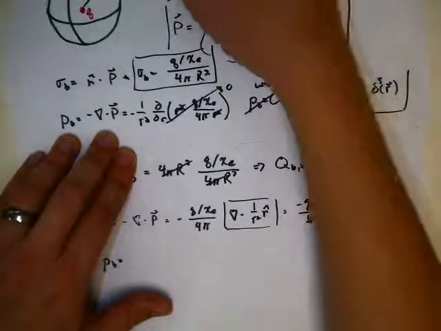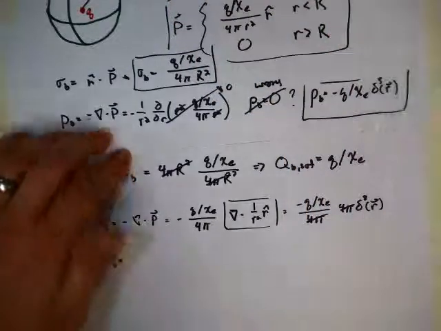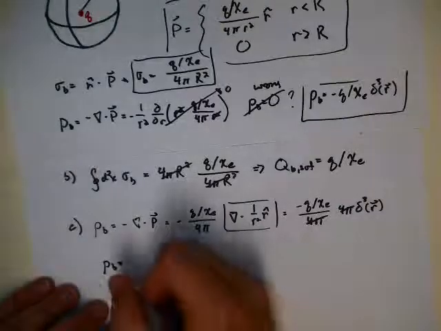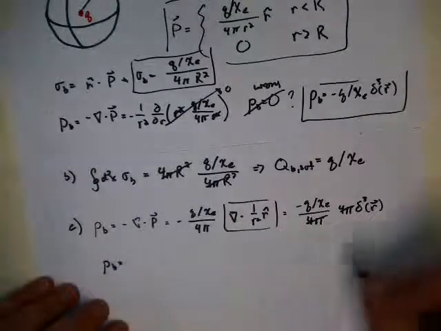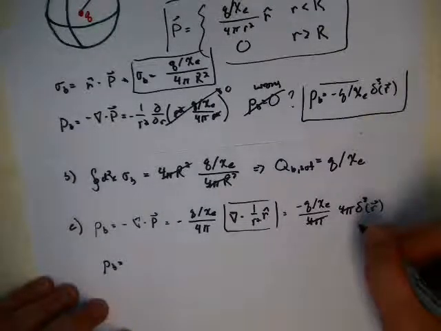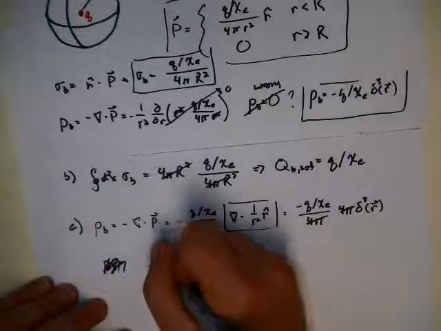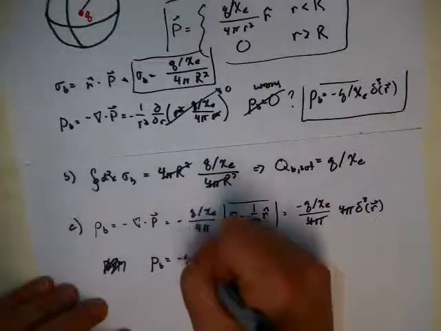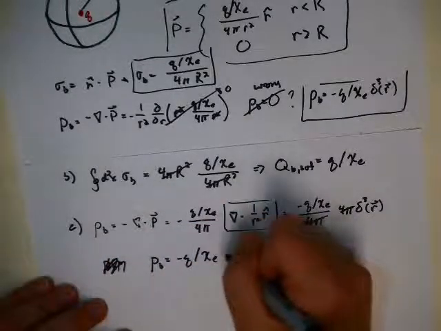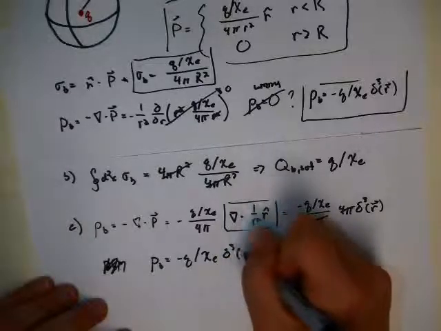And so that also answers the question of where is the compensating charge. The compensating charge is at the origin, because whenever you do an integral, so rho b is of course minus Q chi e over 1 plus chi e times the three-dimensional delta function.